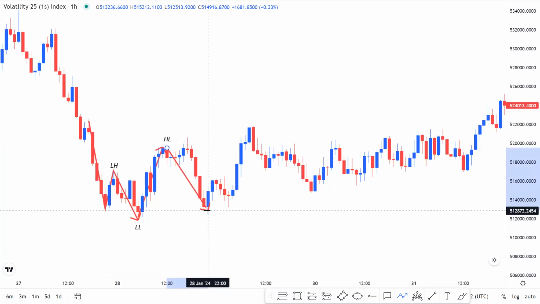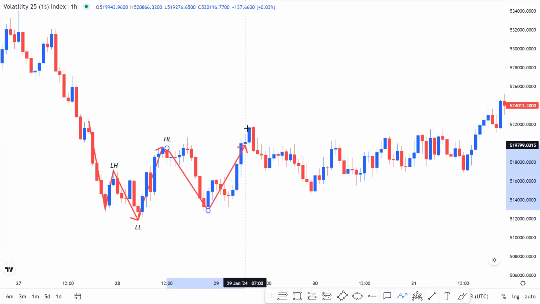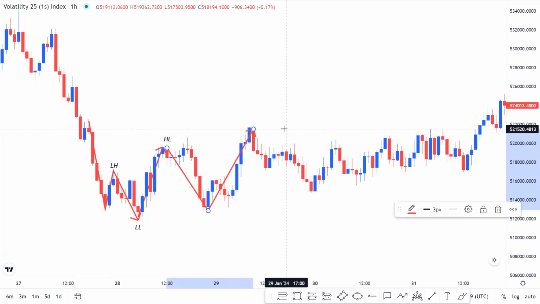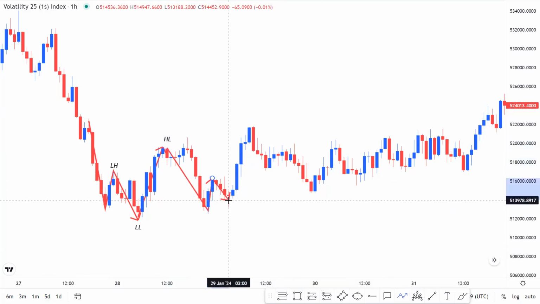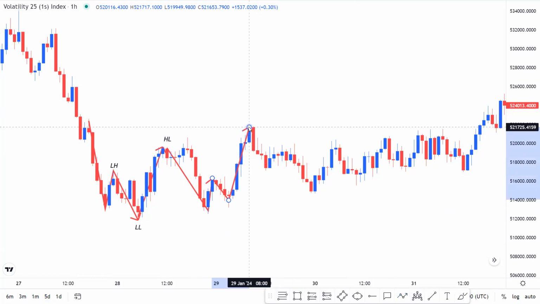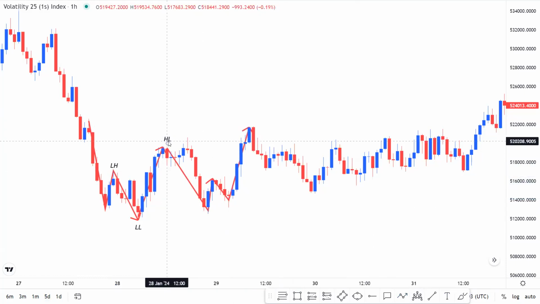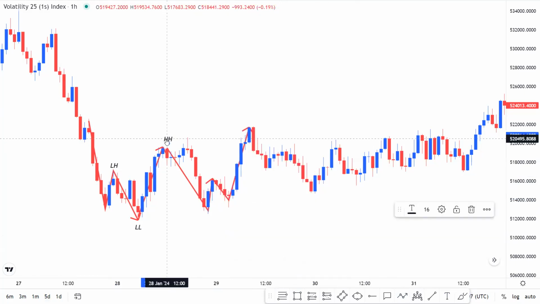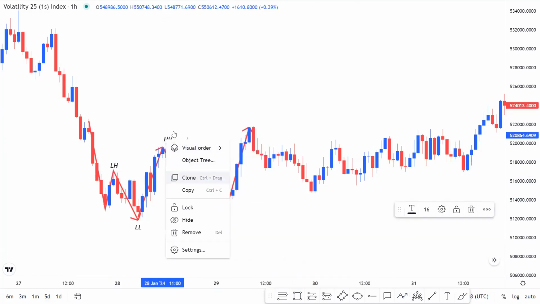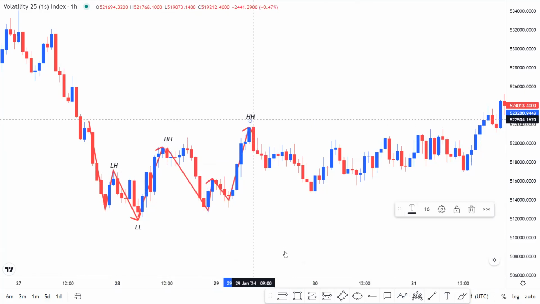So clearly we have this, and then we have this as the next higher high. We can identify every one of these structures in between. And then we have this as the next higher high. So we have a higher high.